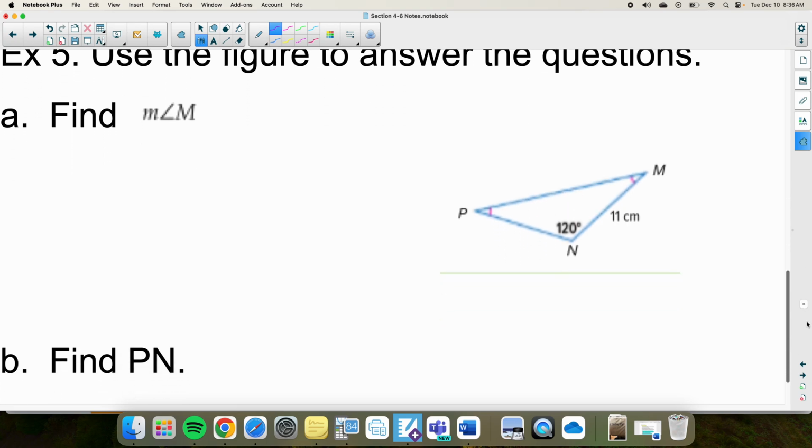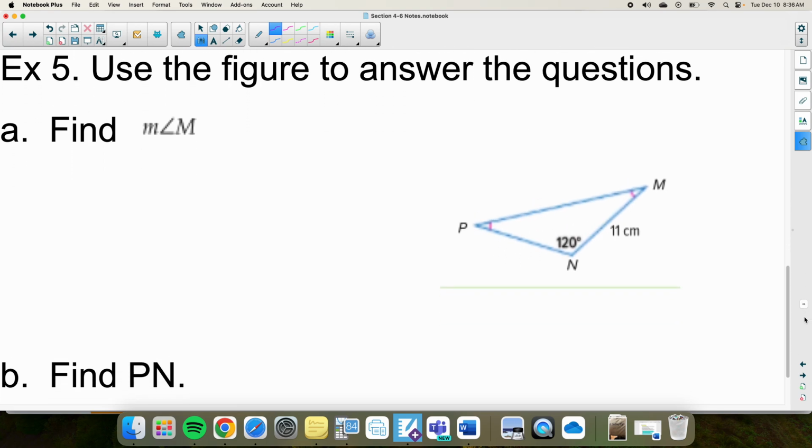Okay. Now if I look at this one, they want us to find the measure of angle M right here. And hopefully you guys can see that these two angles are equal. Okay? So if I'm looking for this one and they're equal, this would be x too. So you could either use algebra and go x plus x plus 120 equals 180.